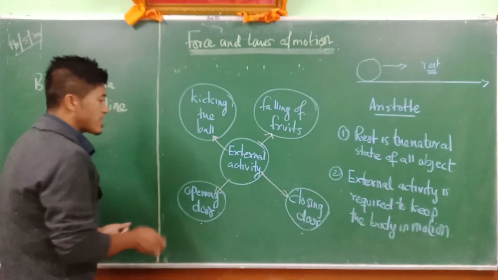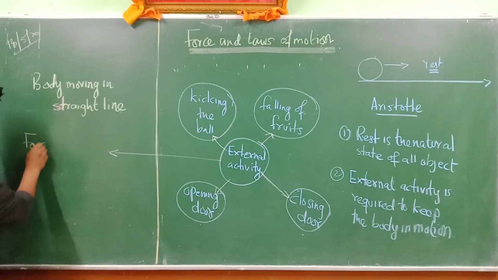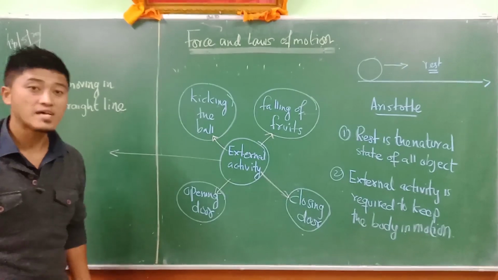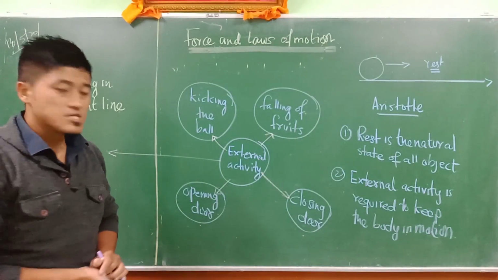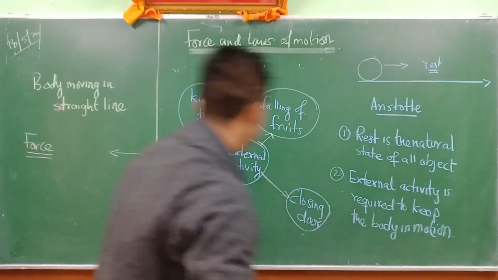And this external activity is what we call force. Understand? This external activity is what we call force. Do you understand? So with this, we are going to start with the chapter force and laws of motion, right? Okay.